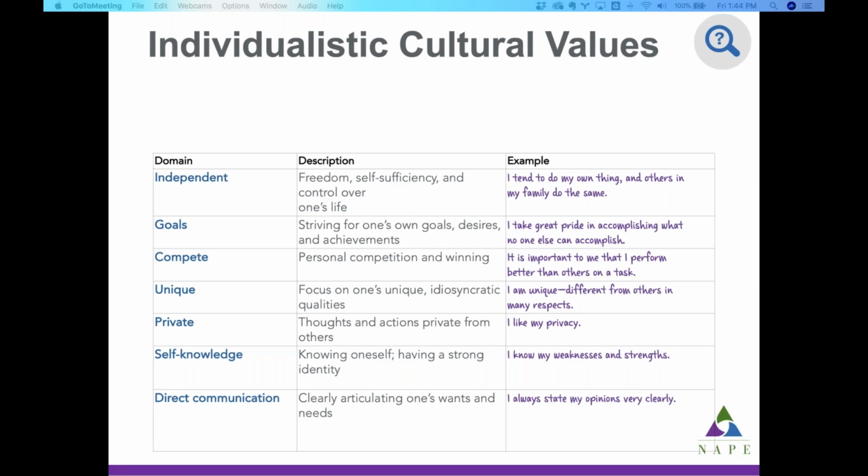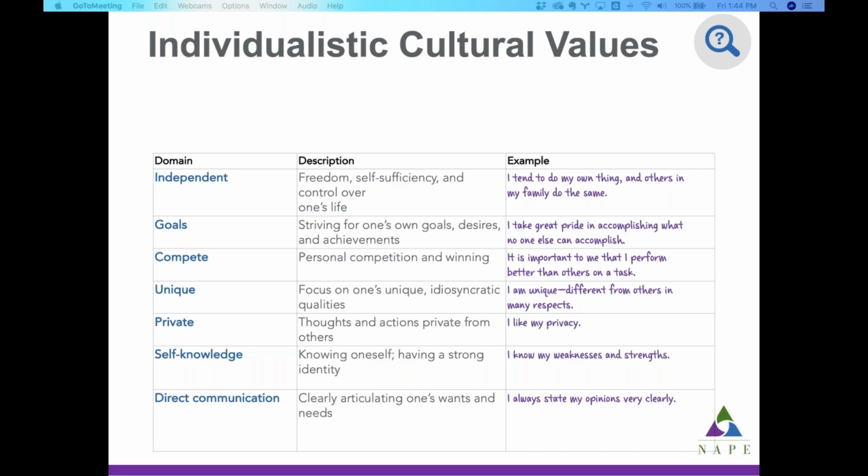The second key part of this is around goals, an intent to always be striving towards our own goals and our own achievements. From a mindset view, it looks like taking great pride in accomplishing what no one else can. Another key tenet of an individualistic culture is competition, this notion that we must always compete, we must always win, we must always do better than others.